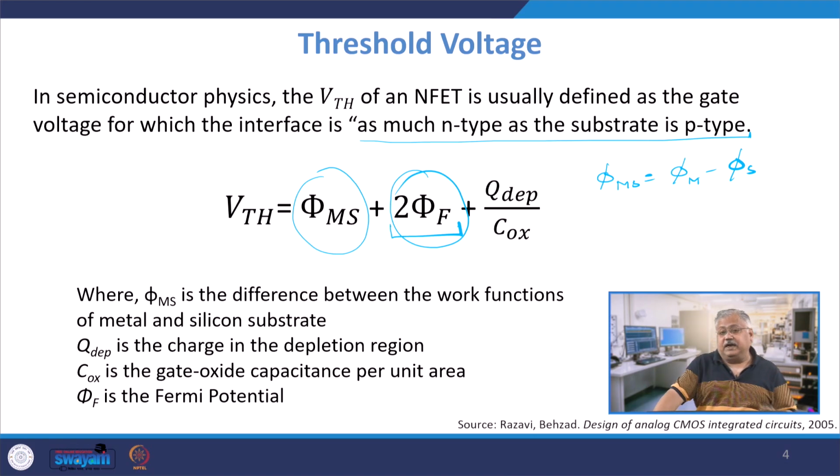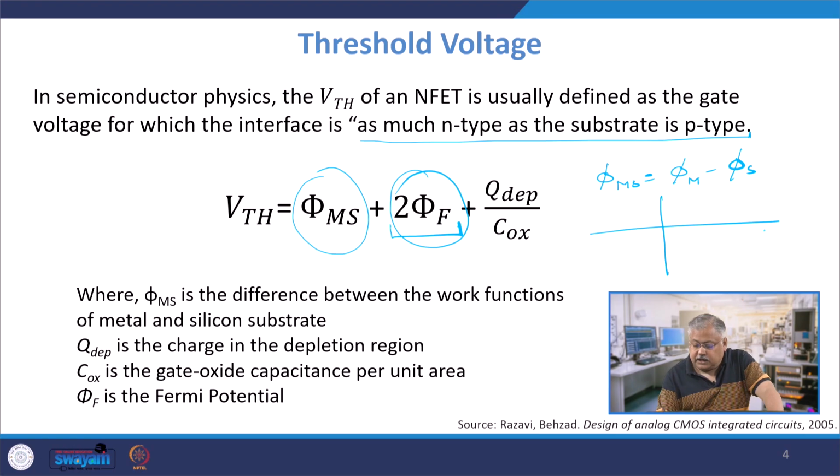where phi f is the Fermi potential available to us. Please understand, we are not talking about the difference between the Fermi level and the conduction band. Let us assume that the Fermi level is very close to the conduction band, and I have an N type semiconductor. Let me assume that this is my conduction band, this is my Fermi level which is very close. This is my interface, this is my MOS, this is the oxide layer, this is the semiconductor, and then I have a metal here.